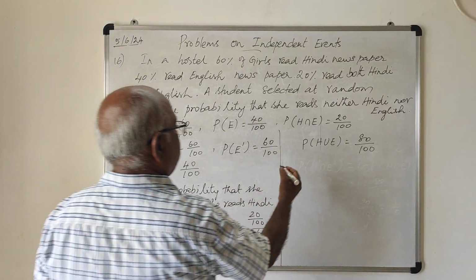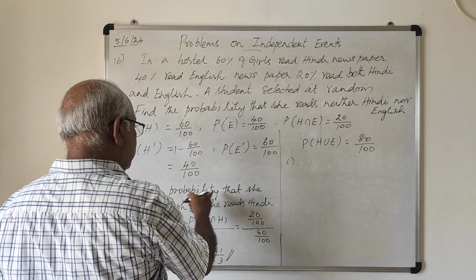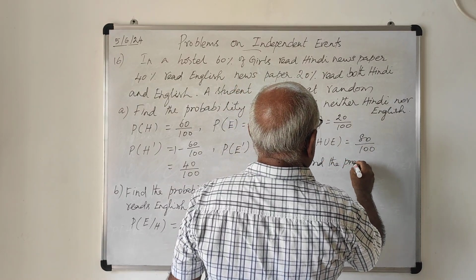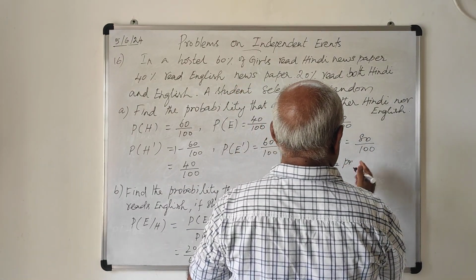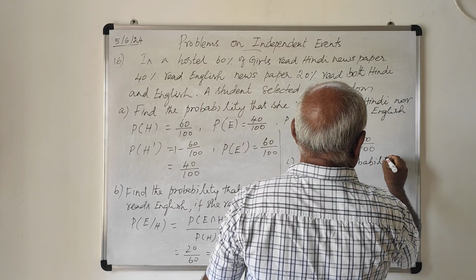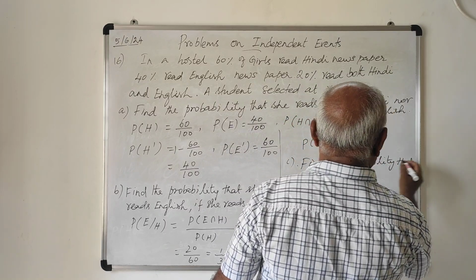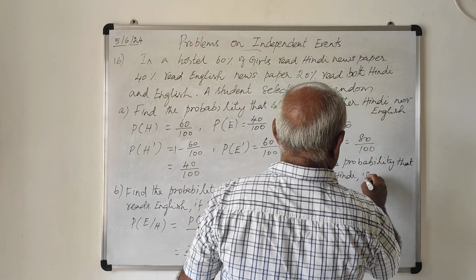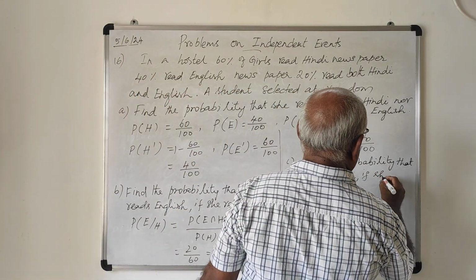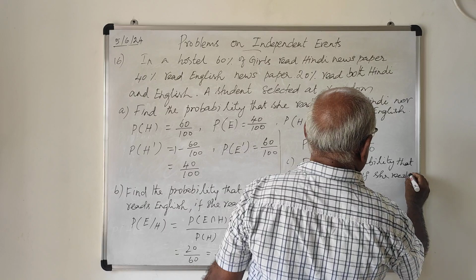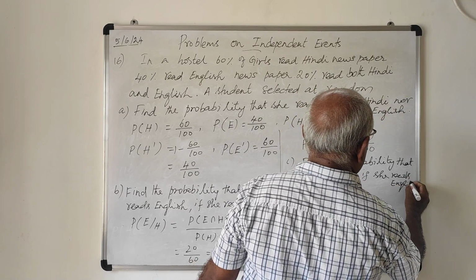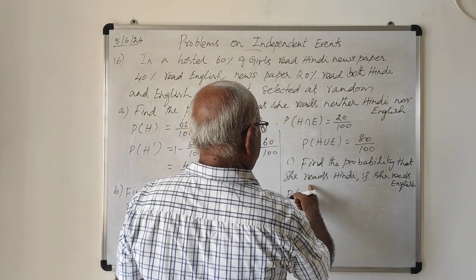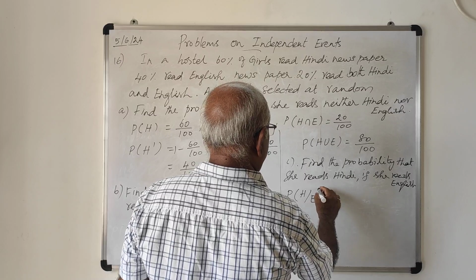Similarly, the third subdivision, part C: find the probability that she reads Hindi if she reads English already.